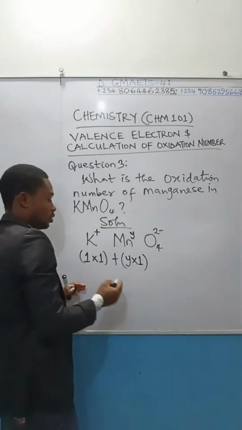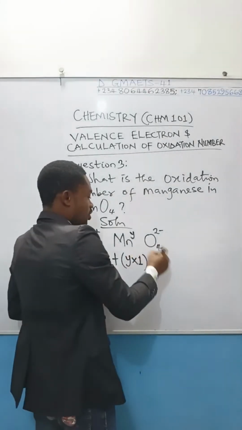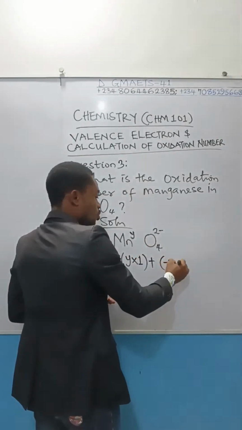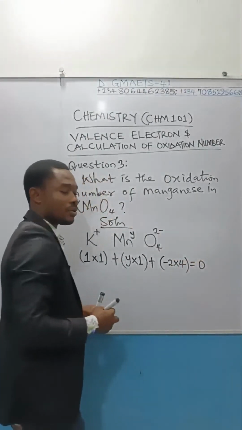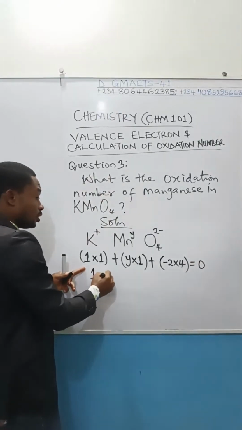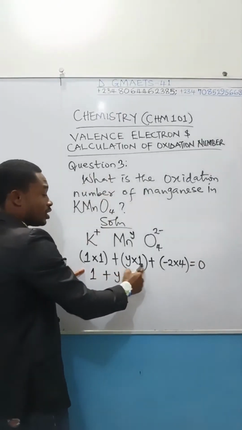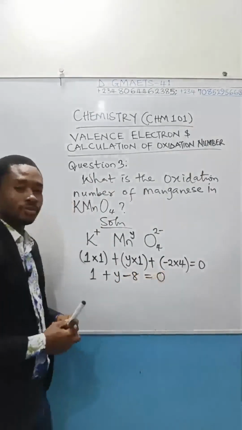Mn, 1 atom. Plus, come to oxygen, the valency is minus 2, multiplied by the atomicity, which is 4, and then equate to 0. Solve for Y. This is going to give us 1 plus Y, and if you solve this out, you get minus 8, equals 0.